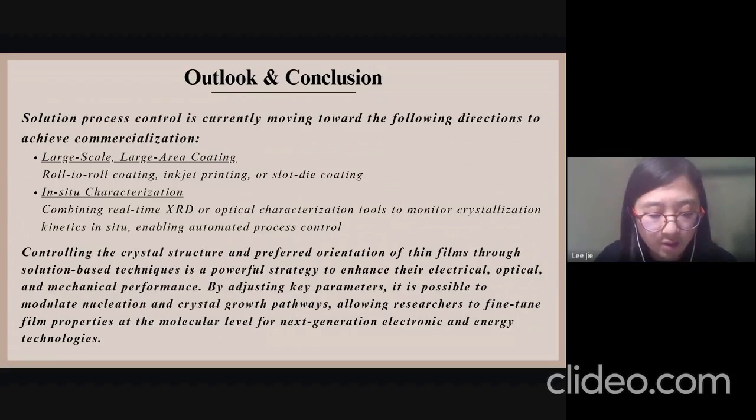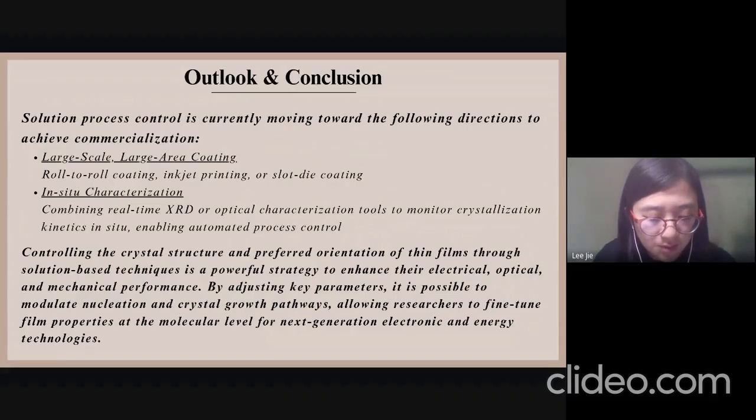Large-scale, large area coating: transfer processing technology to roll-to-roll coating, inkjet printing, or slot die coating, while still maintaining precise control over the critical orientation of the film.